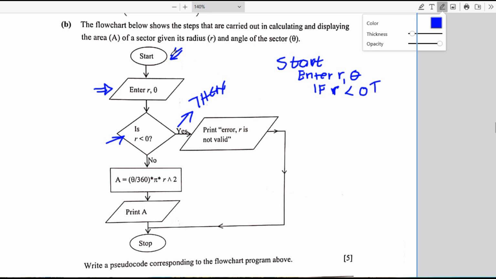So you say then, what is coming after yes? It's this display. So then you say print. We'll use the word they have used, so print error, R is not valid.